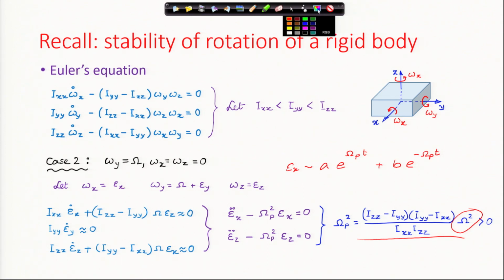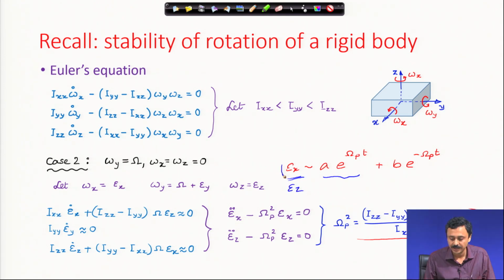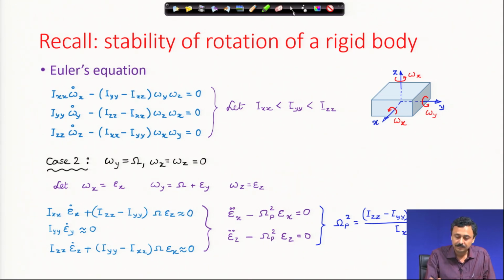You will note that we have an exponentially diverging term. Therefore, the perturbation in x and the perturbation in z, these two perturbations will diverge. There is a divergence instability.